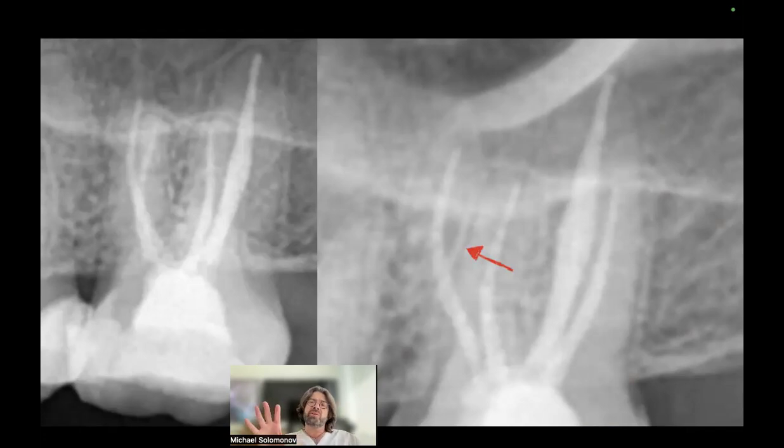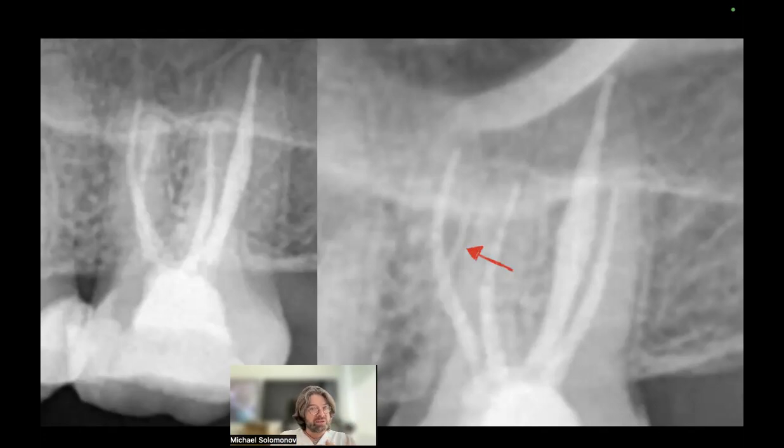All that we have here, all this sealer inside, is because of high quality irrigation. And of course, it's my speculation, but I think that the use of HEDP and NaOCl in this specific case prevented accumulation of debris and smear layer in this place, in this dividing of the main canal into additional parts, and this gave NaOCl the opportunity to work very well and dissolve the organic tissue, and finally gave the sealer the opportunity to go inside.